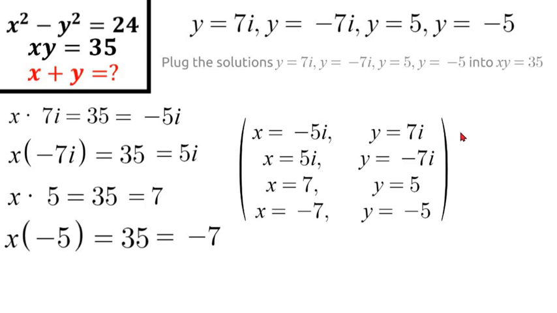A negative 5i plus 7i would be 2i. 5i plus negative 7i would be negative 2i, so plus or minus 2i. Then 7 plus 5 would be 12, and negative 7 minus 5 would be negative 12. So we'd have plus or minus 2i and plus or minus 12.